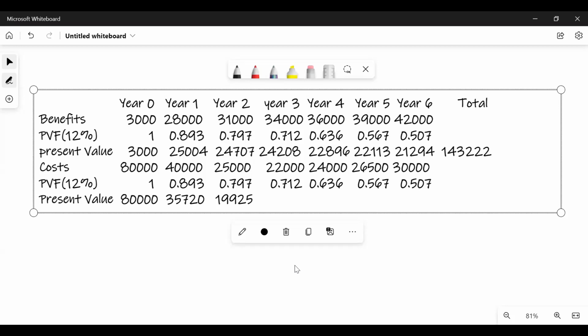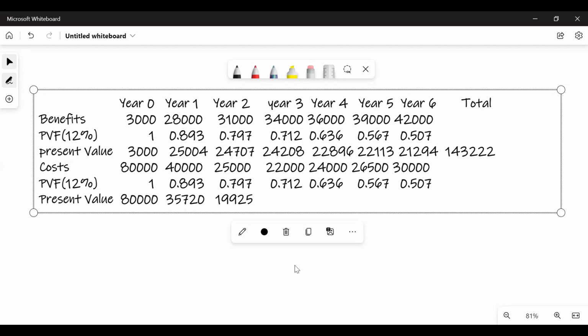For year 3, 22,000 multiplied by 0.712 is 15,664.